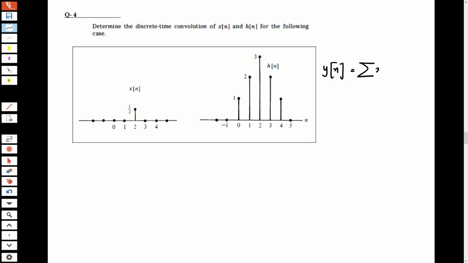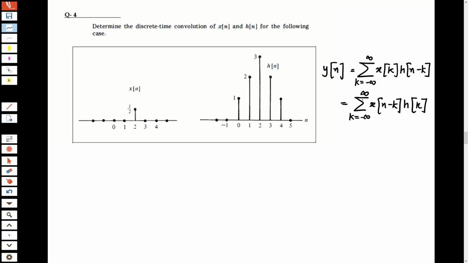So you can write it as the sum of x[k] h[n-k], k varying from minus infinity to plus infinity, and this is also the same as writing the sum of x[n-k] h[k] from minus infinity to plus infinity.